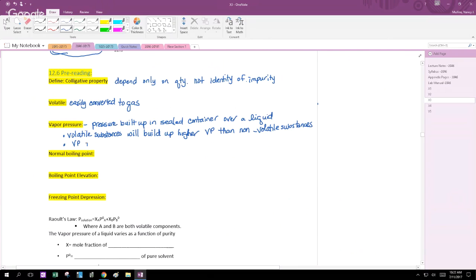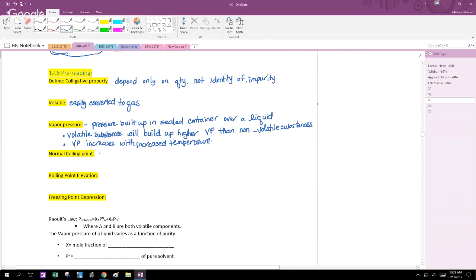Vapor pressure increases with increased temperature, and that's stuff that you've seen before in 2045. As you increase the temperature, you're making the particles move more quickly, which means that some of them can escape into the gas phase more easily and break away from the surface tension. So as you increase the temperature, you expect a higher vapor pressure.